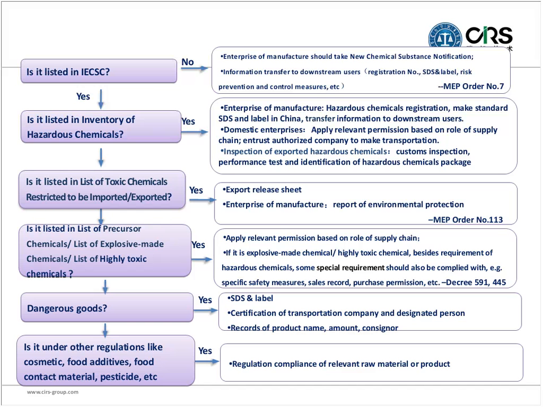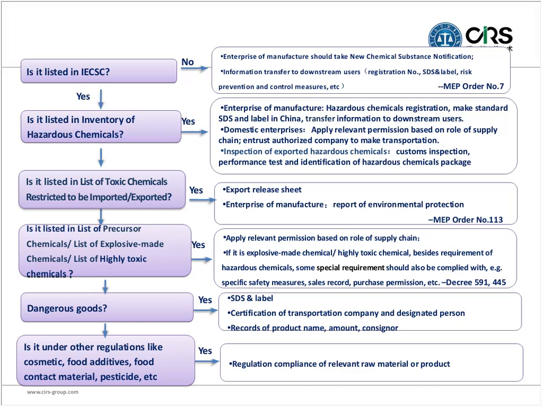And another one is about the dangerous goods. For this, you must pay attention to your Chinese SDS and the label, and also when you entrust a transportation company to transport the dangerous goods for you, you must check their license, their certifications, and besides the certifications of the drivers and the designated people who will handle your dangerous goods.